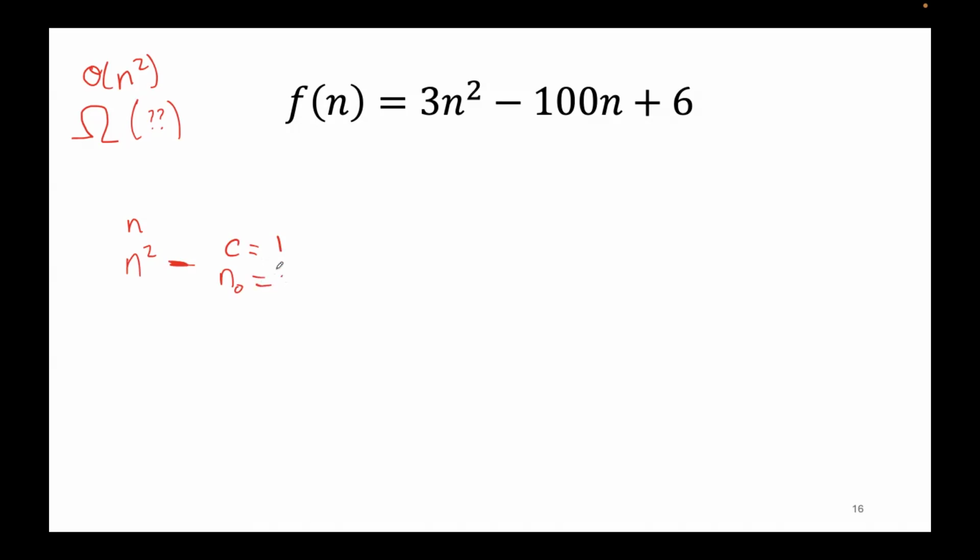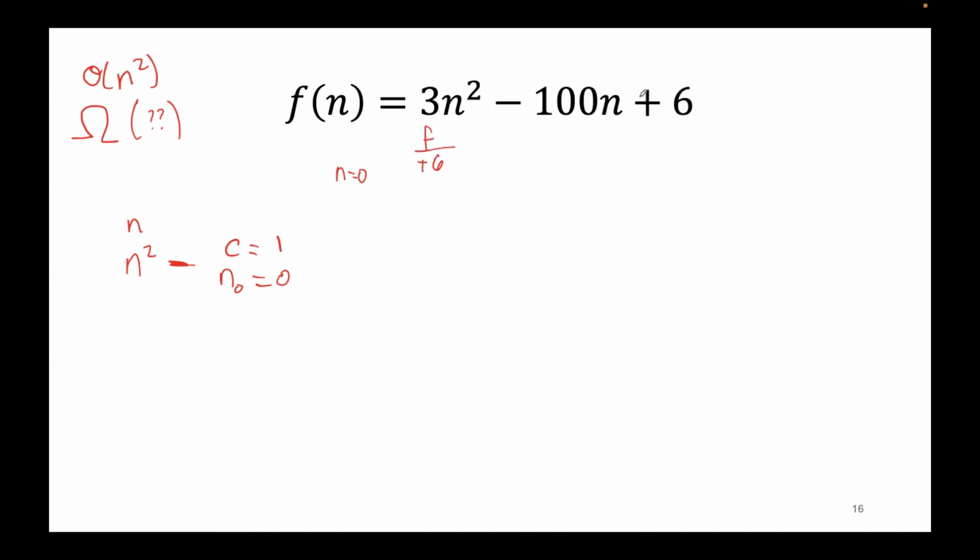Okay, so let's check it. So n squared, for 0, what is it? It's just 6. For n equals 0, f of n is just 6, right?